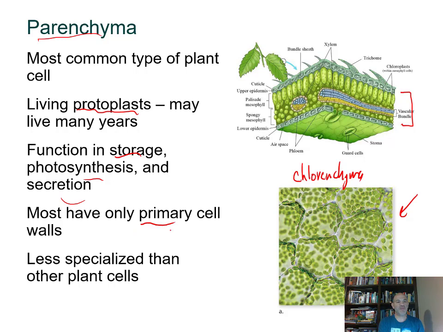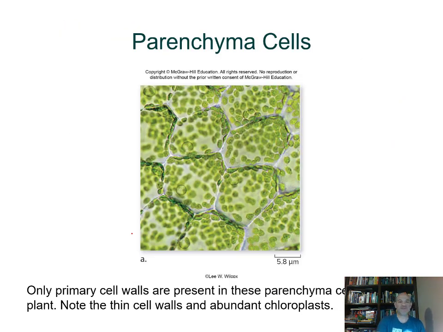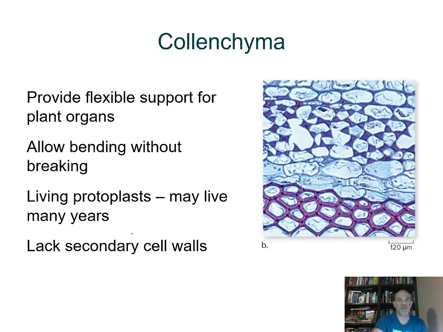They're only going to have a primary cell wall, and in many cases, these are sometimes the least specialized of your plant cells. Others go down a very narrow path and have just function like protection, and that's it. Okay. So that's the same image here. And you can see abundant chloroplasts in this kind of parenchyma. So there's different types of parenchyma.